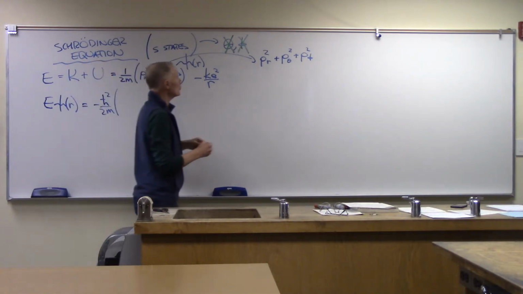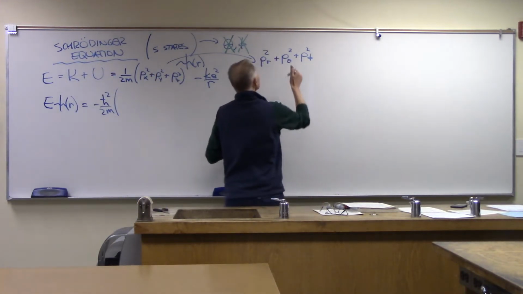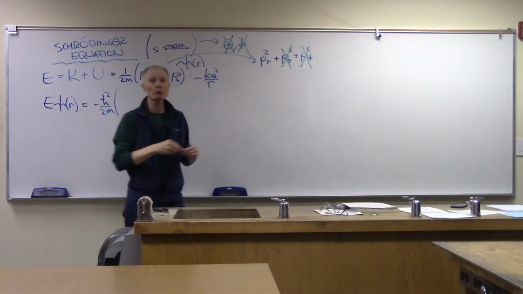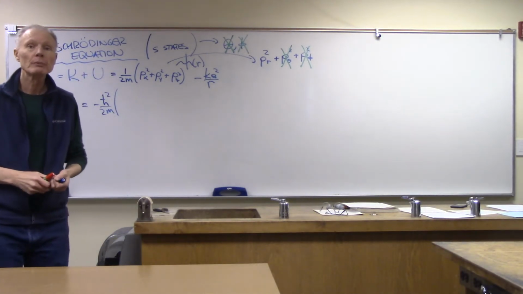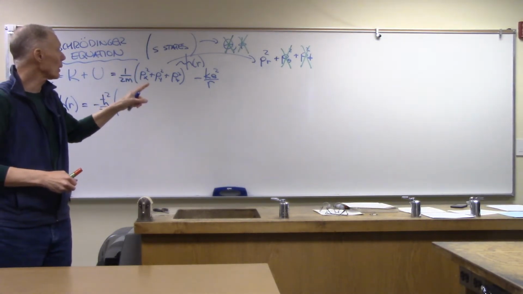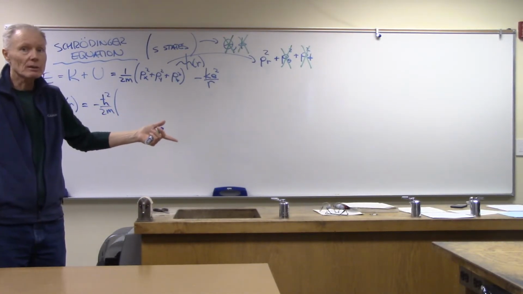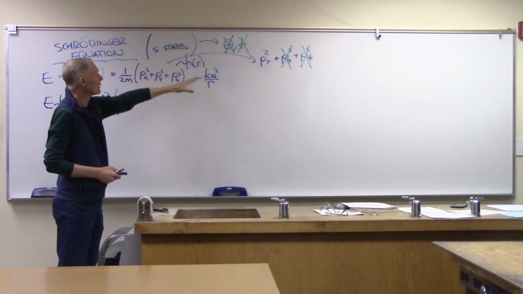Now what we can do is ignore these two momentum contributions. Those are actually related to angular momentum. The theta and the phi components of momentum are related to angular momentum. And since we're only looking at S states right now, those are going to drop out.